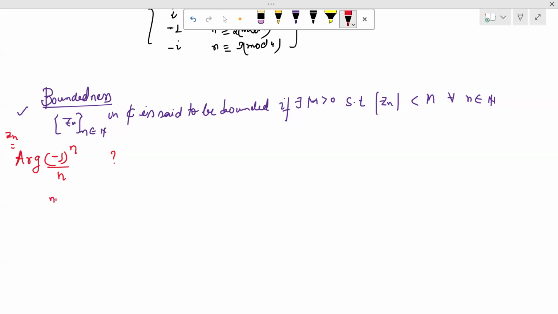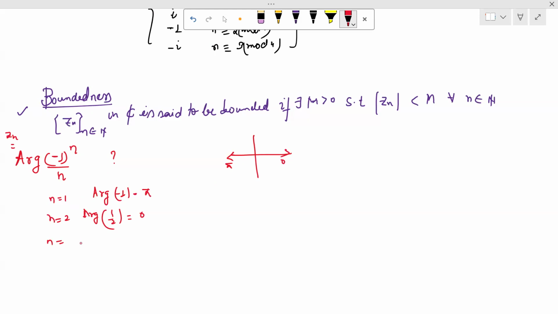So let's say if I place n equals to 1, it implies argument of minus 1, which is certainly pi. If I take n equals to 2, then the argument will be simply that of 1 over 2, and argument of 1 over 2 will be 0 because it is on the positive side. This is the principal argument, mind you. If you take real and positive, then it is 0, and if you take real and negative, then it is pi.